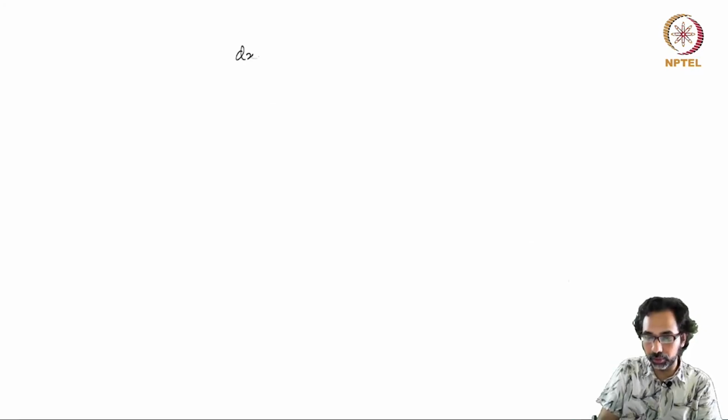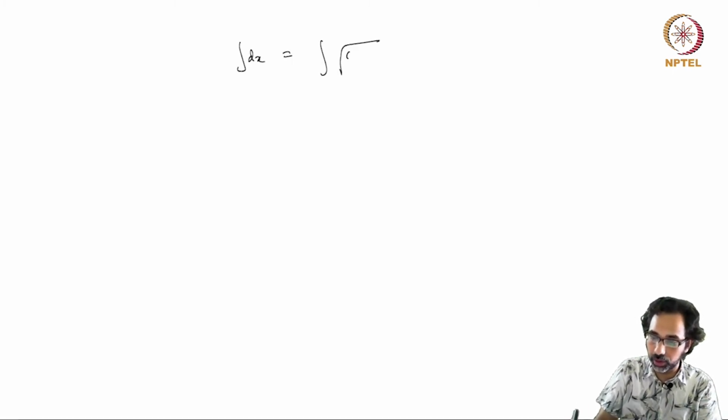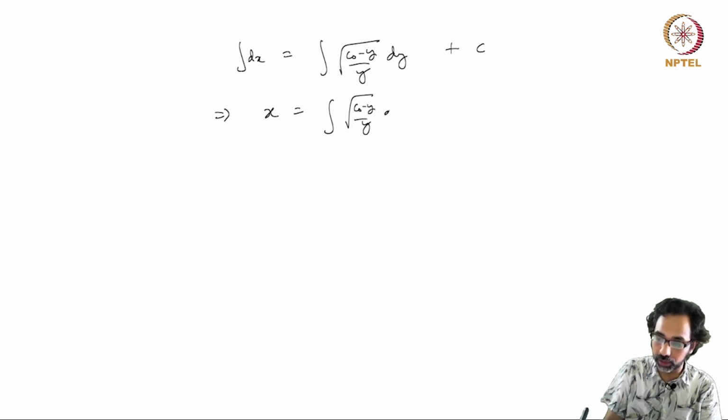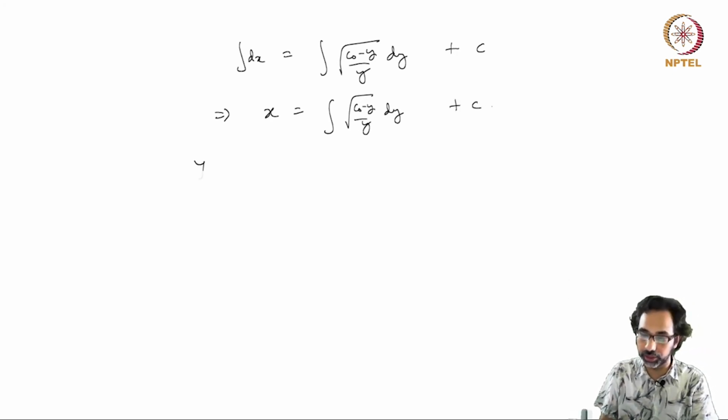So we can integrate on both sides to get the integral of dx equals the integral of the square root of (c naught minus y) over y dy, plus some constant of integration. So x equals the integral of the square root of (c naught minus y) over y dy plus some constant of integration.